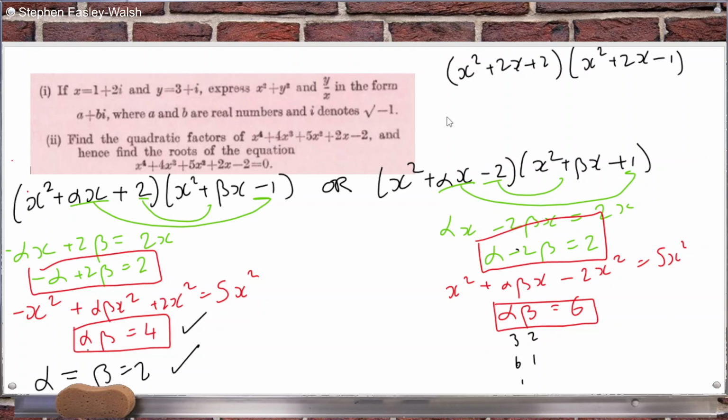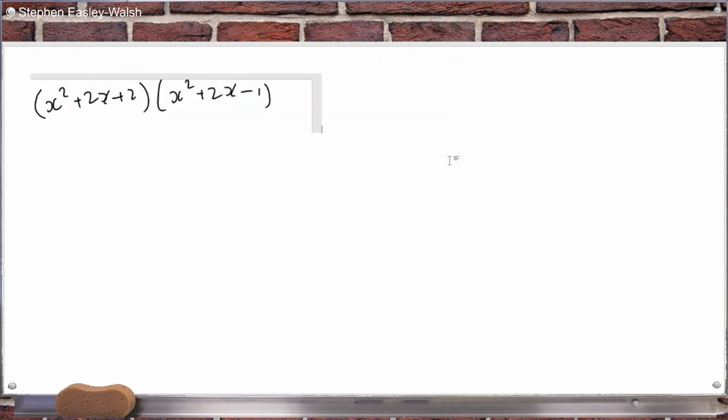So I'll just copy that and then solve it on a fresh page. The first one, b squared minus 4ac, and then the second one, b squared minus 4ac. So that's minus 4, and that's 8, it looks like.